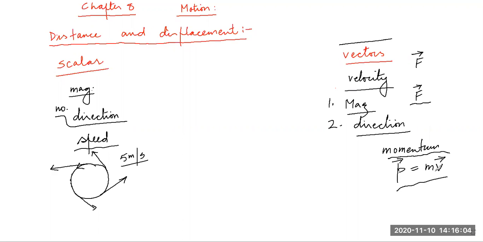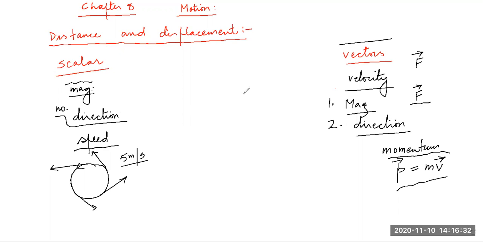Product of mass and velocity is momentum. It's a vector quantity. Okay. Now, can you think of any other scalar quantity which only has magnitude and does not have direction? Temperature, pressure, density, they are not having any direction.